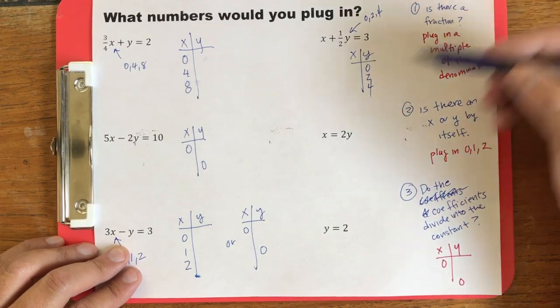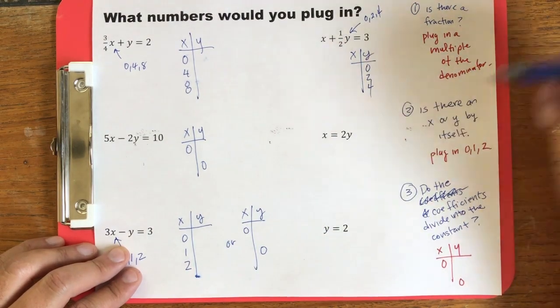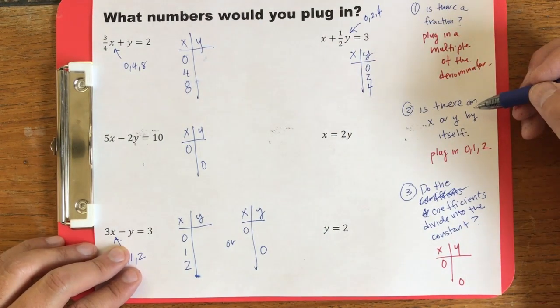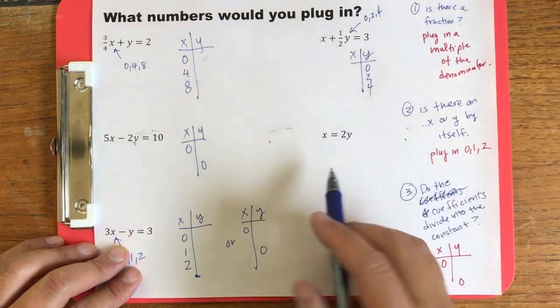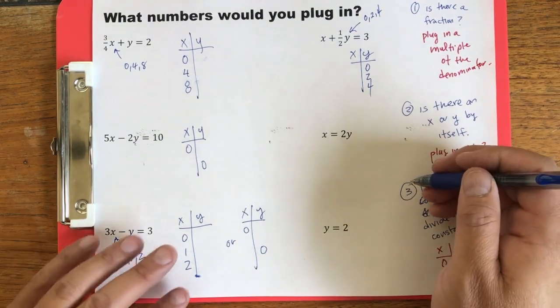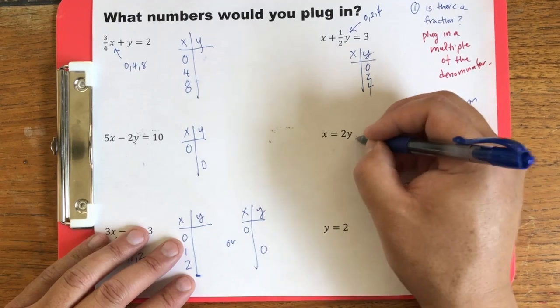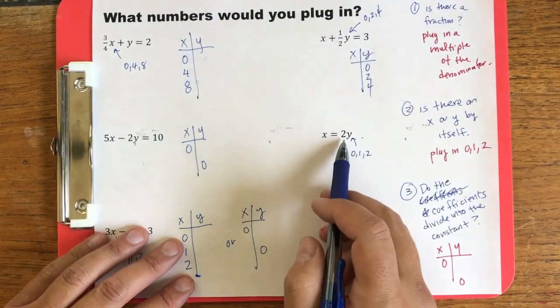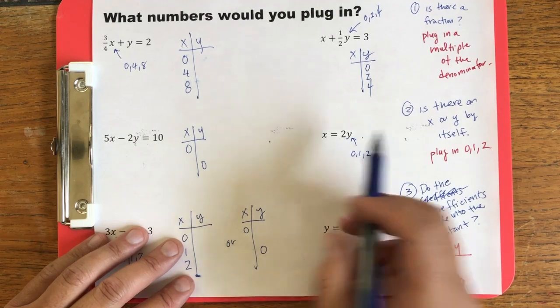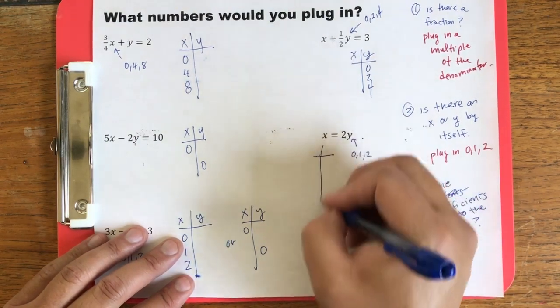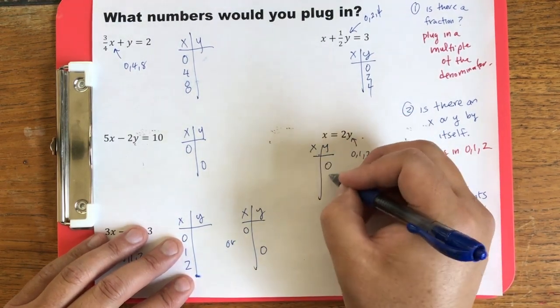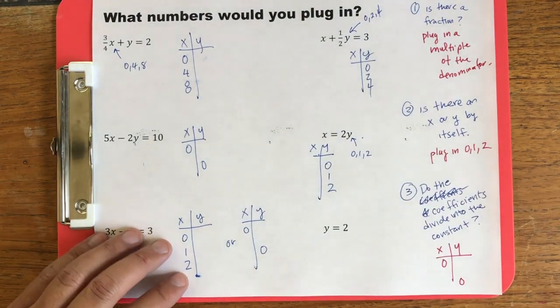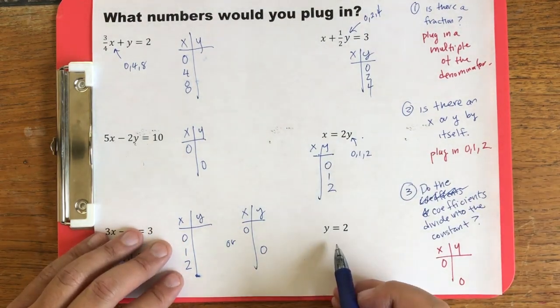So let's walk through and ask ourselves the questions. Is there a fraction? No. Is there an x or y by itself? Yes. So what we want to do is plug in 0, 1, 2 in the variable that is not all by itself, the y. On this last one, I don't even bother plotting.